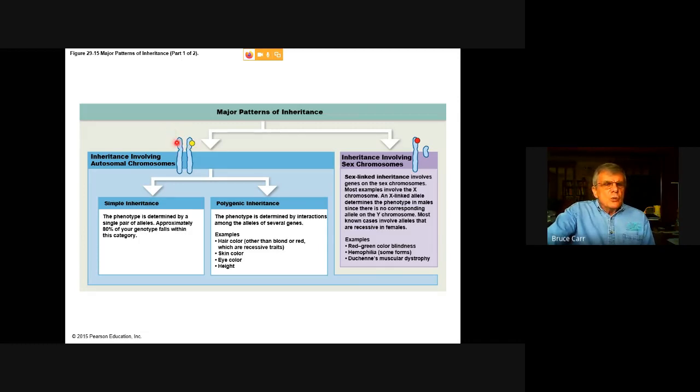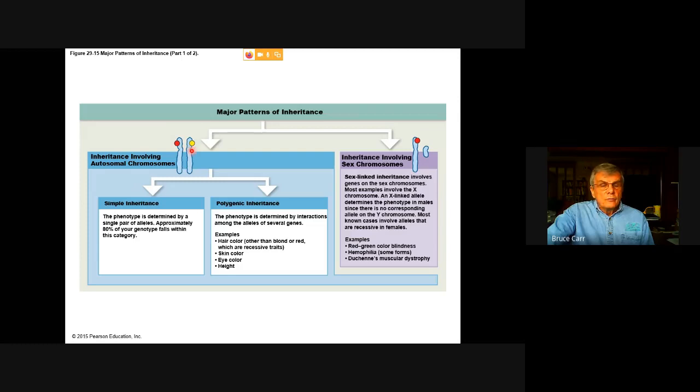One gene and these two alleles determine the trait. Then it's easier to see the effect than if 2, 3, 4, 5, 6 genes affect the trait. About 80% of your genotype falls within this simple inheritance category, determined by homologous pairs of the gene, 2 copies called alleles.